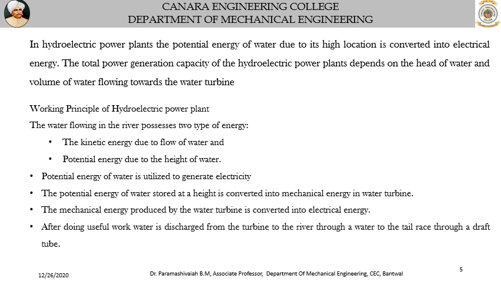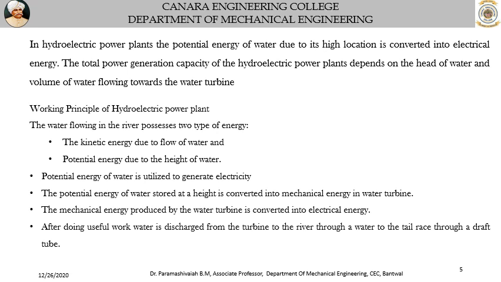That pressure energy and kinetic energy, when it enters the turbine, is transferred to the turbine rotors, thereby converting into mechanical work. Work means here the rotation of the rotors. That mechanical work produced by the water turbine is converted into electrical energy in the generators. After doing this useful work, water is discharged from the turbine to the river.